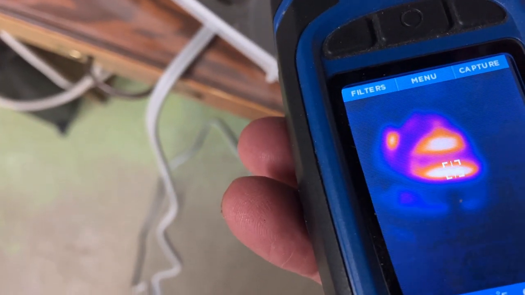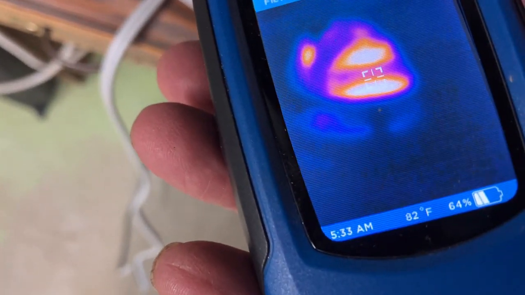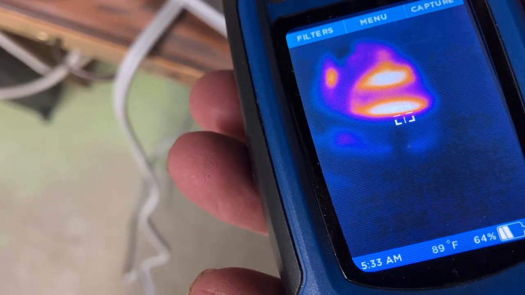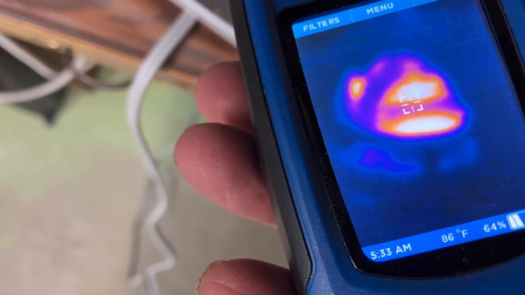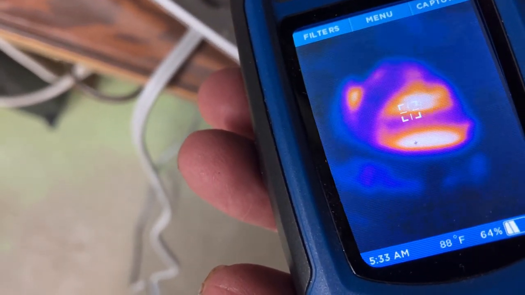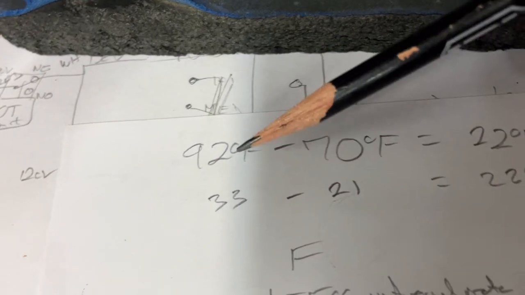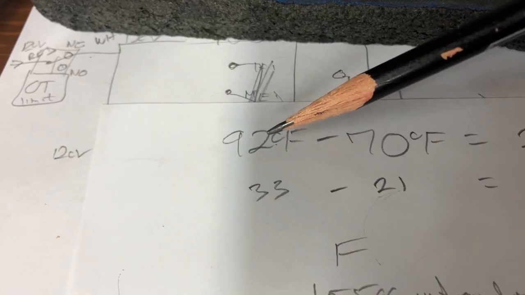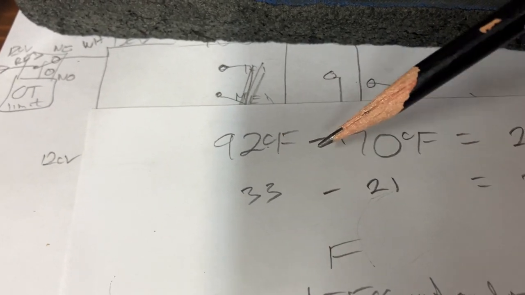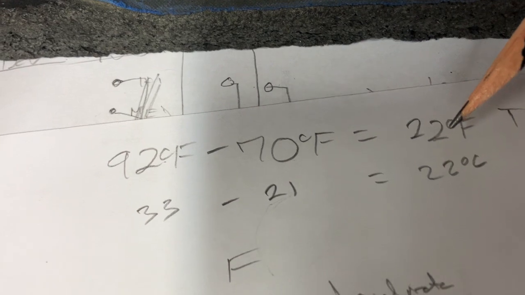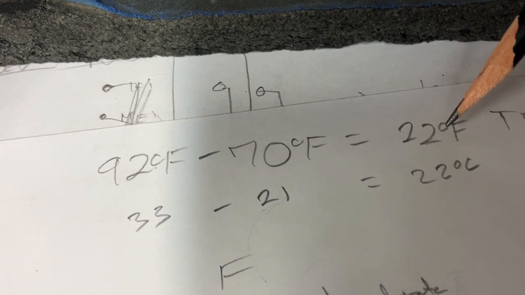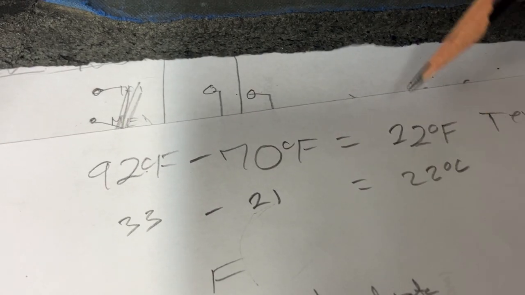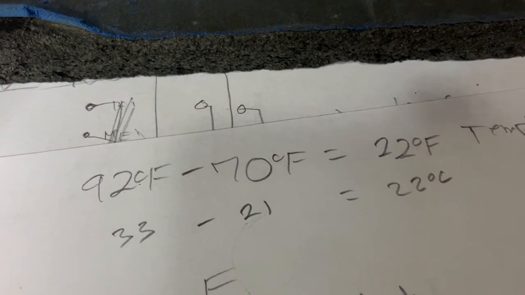Okay. I saw like a 92 in there. All right, so our motor temperature external is 92 minus ambient, so 22 degrees F. 33 minus 21 is 22 degrees C. So it's a temperature rise of 22 degrees C.